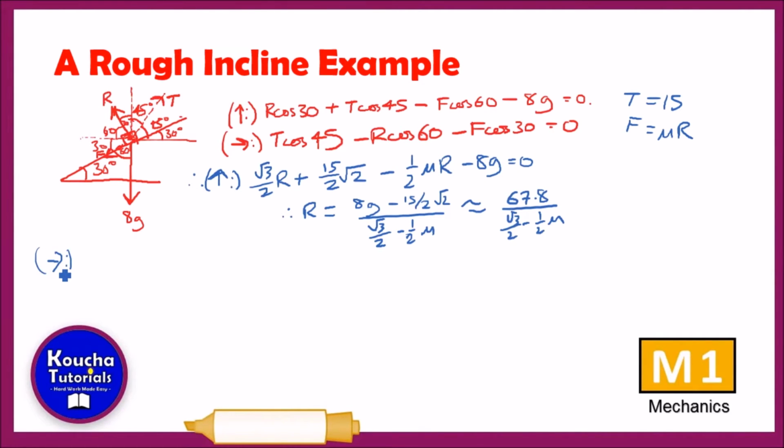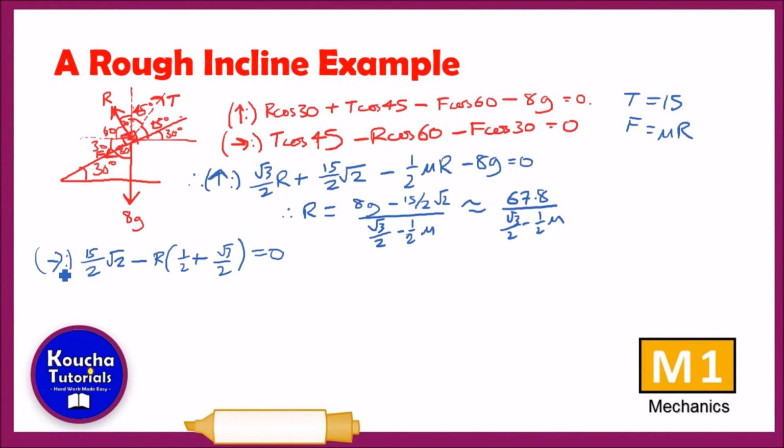We should get, on the right hand side, T cos 45 with T as 15 reduces to 15 over 2 root 2, minus, factorizing R on both sides, and then breaking down, we have cos 60, which is half, plus root 3 over 2, because that's cos 30, equals 0.